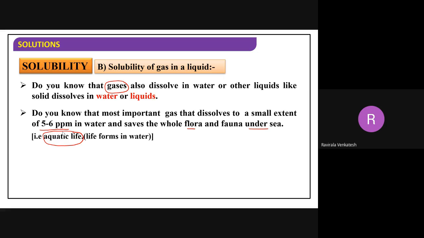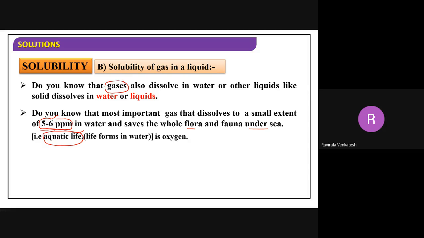Because oxygen is dissolved in the water, not very much, very less only. How much is it? Only 5 to 6 ppm, 5 to 6 parts per 10 lakh parts of water. For 10 lakh parts of water, the 5 to 6 parts is oxygen. That is enough to sustain life under the sea.